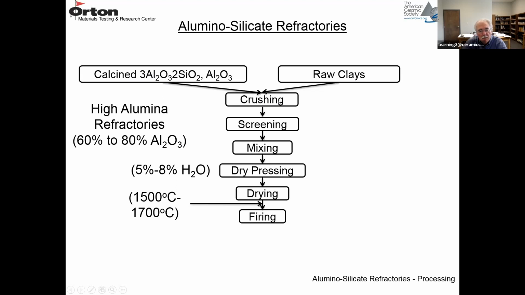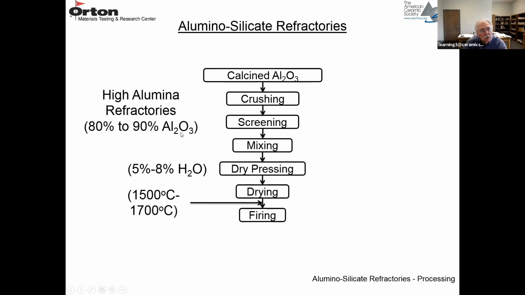So you crush materials again, you screen them. There's a mixing step again, dry pressing at a low water content, drying and firing. And now your temperatures are from 1500 getting up to 1700 degrees C to fire and densify these high alumina silica refractories.